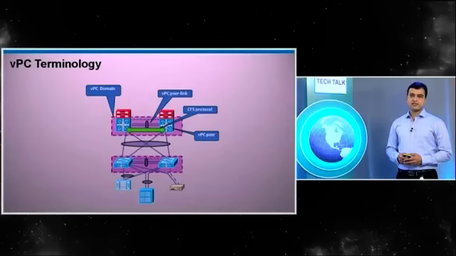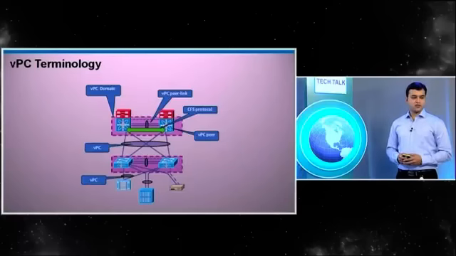Then we have the CFS protocol. Over this VPC link, we run a protocol called CFS, or the Cisco Fabric Services protocol, which is used for state synchronization and configuration validation between the VPC peers. All kinds of MAC address table synchronization happen between the VPC peers using the CFS protocol.